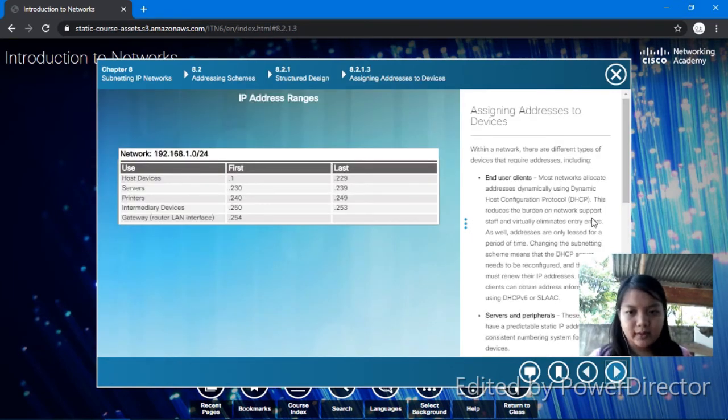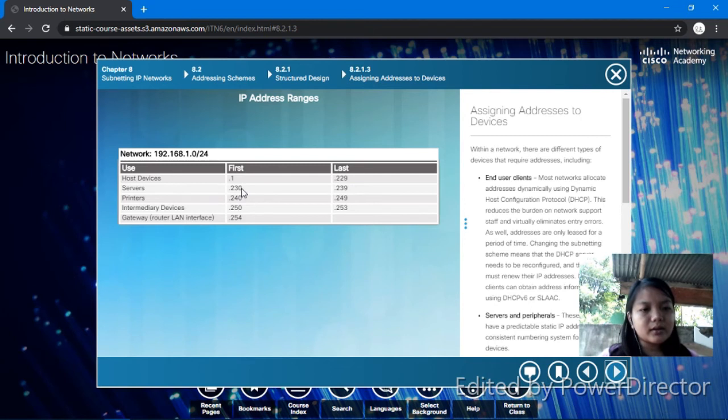Access to devices. For end user clients, most networks allocate addresses dynamically using Dynamic Host Configuration Protocol, or DHCP. This reduces the burden of network support staff and virtually eliminates entry errors. The host devices are the .1, then the last one is the .229.